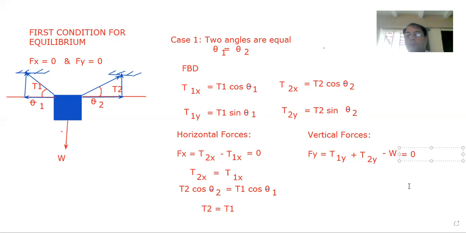Now, if that's the case, we will notice that we can make an equation that our T1y is T1 sine theta 1, and our T2y is equals to T2 sine of theta sub 2.